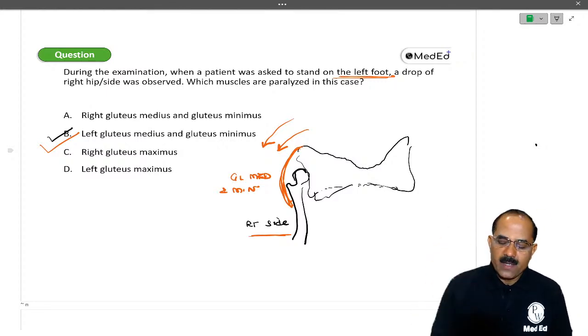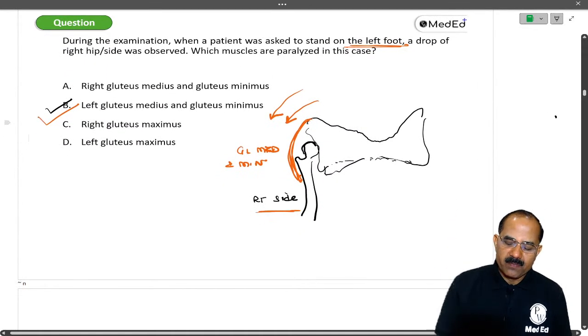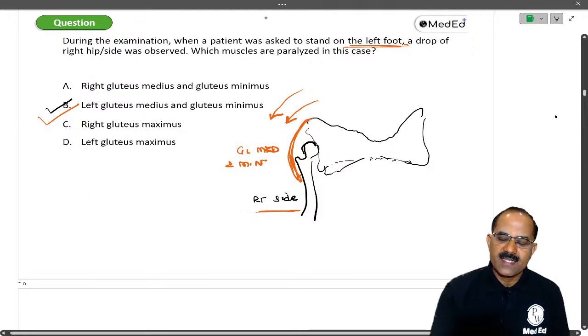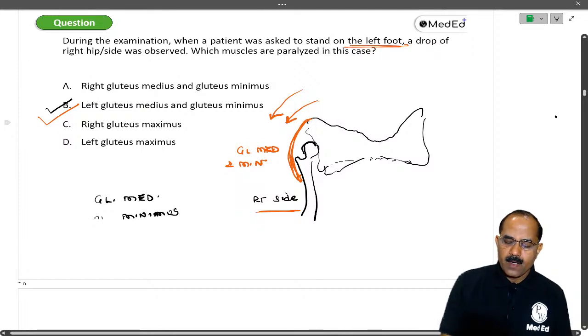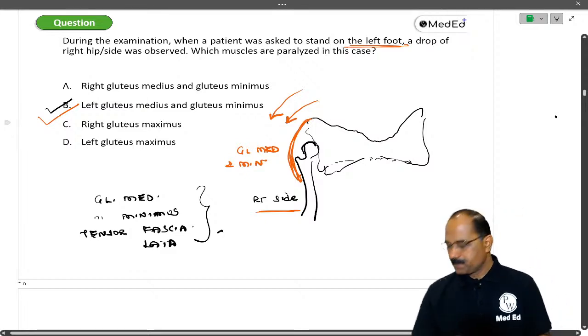Can anyone tell me the nerve supply of gluteus medius and minimus? Yes, बच्चों बोलो. Nerve supply of gluteus medius, gluteus minimus and tensor fascia lata. Answer this, a very important MCQ. ये तीनों का nerve supply बोलिए.